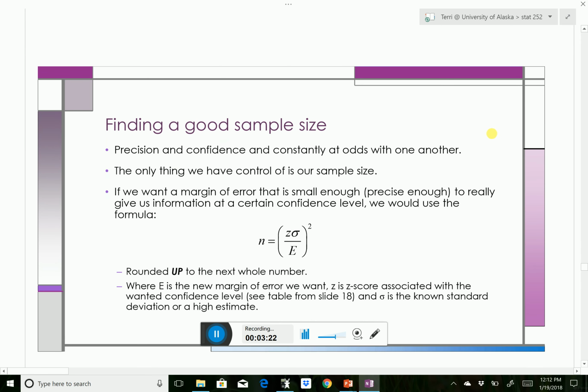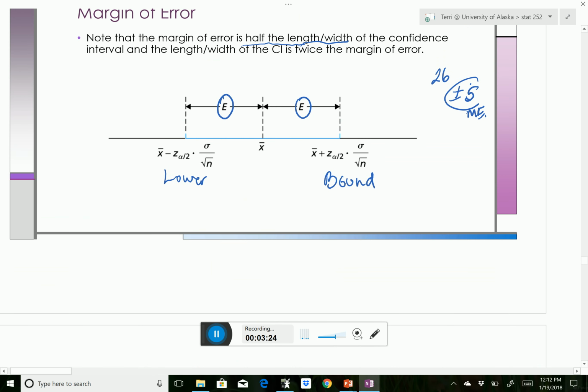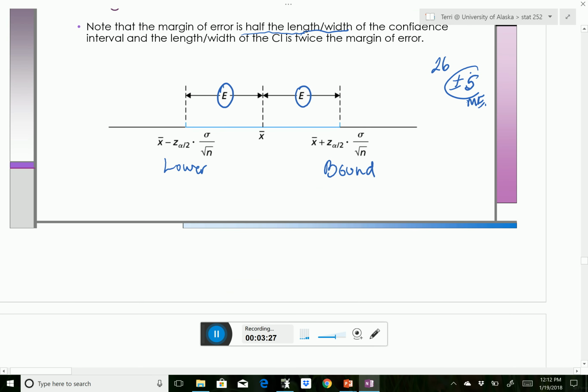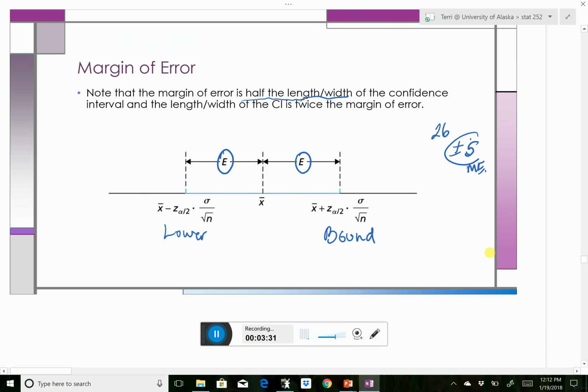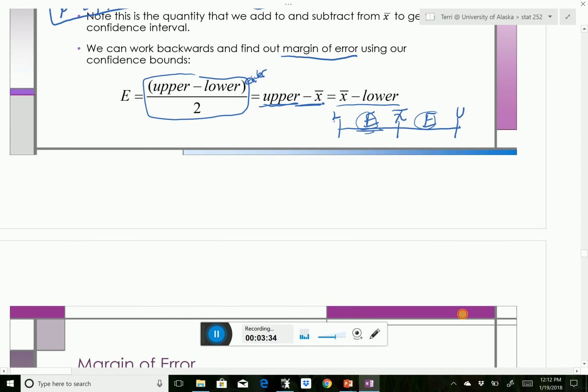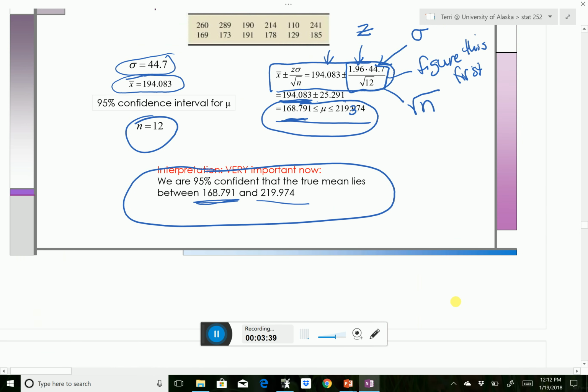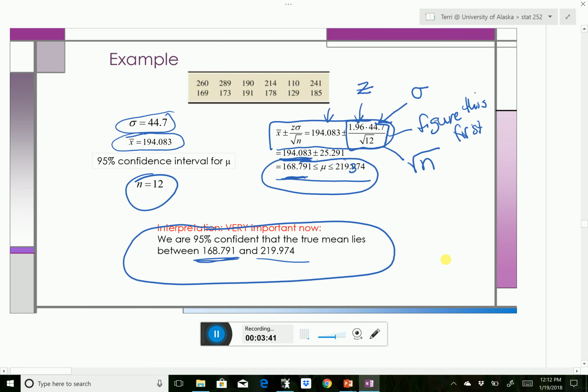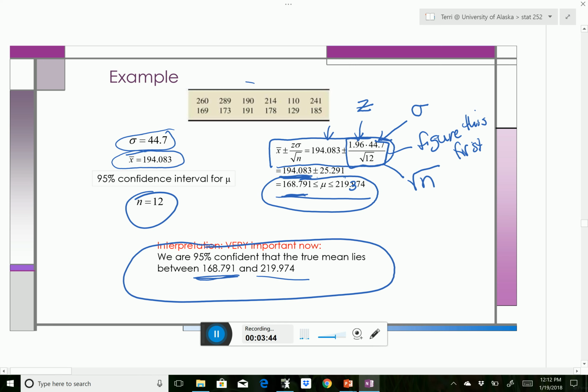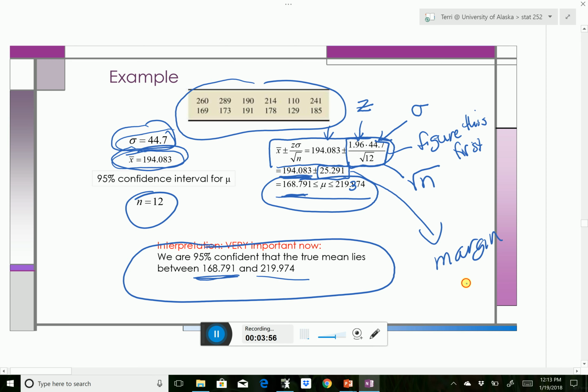So finding margin of error, real quick, I want to talk about one that we did last time. In the last video, we did a problem about this one. We did this problem with this data right here, and we were given a sigma, we were given an X bar, and I want you to note this piece right here, this is my margin of error.